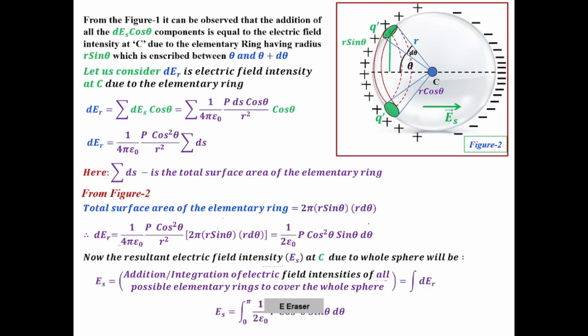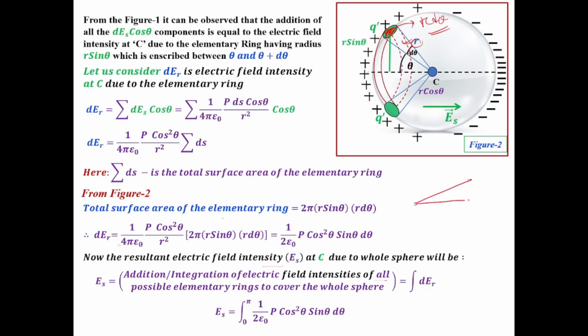So this much thickness is nothing but how much? r into d theta. Here you can see this one is your r, this is your d theta. So what is the thickness? If this is your thickness, this thickness will be r into d theta. Got it?